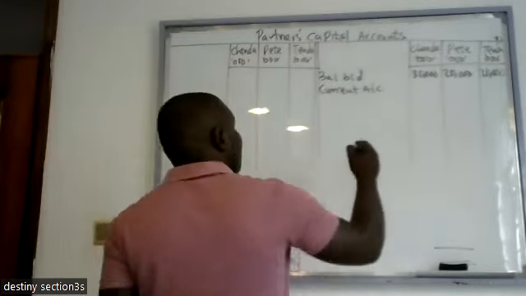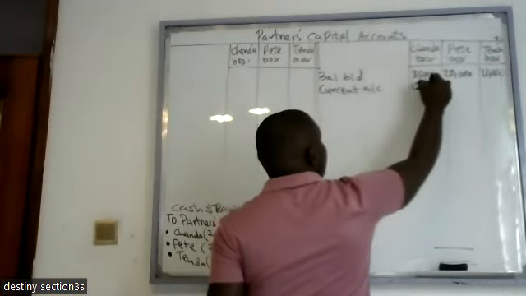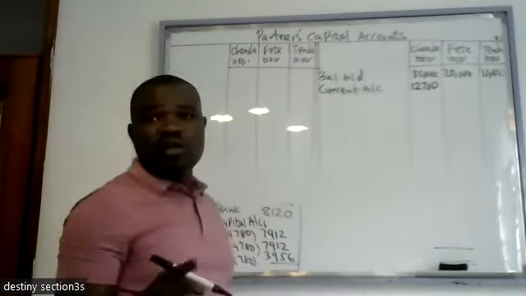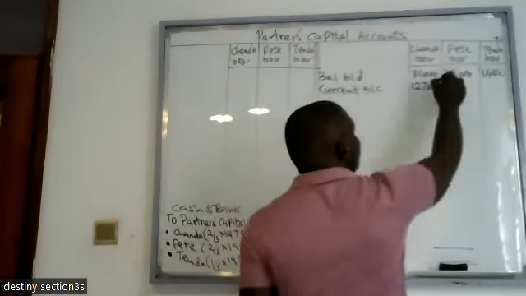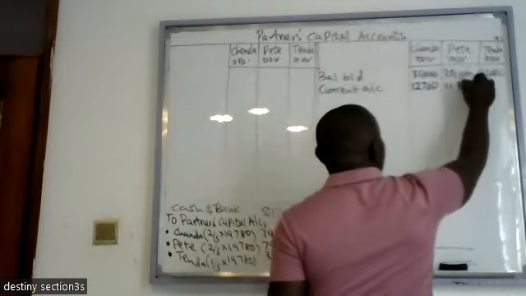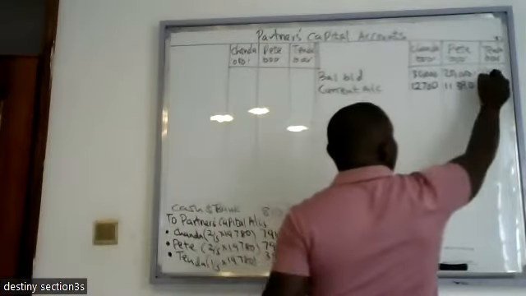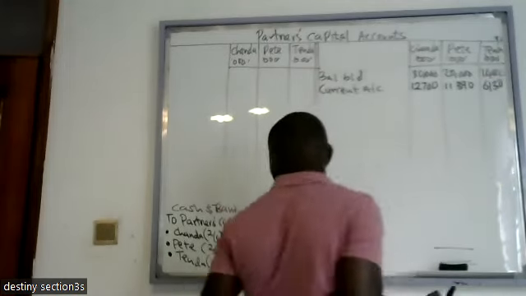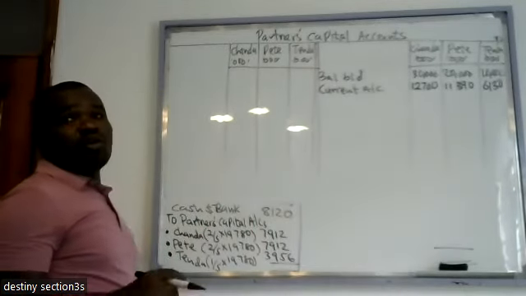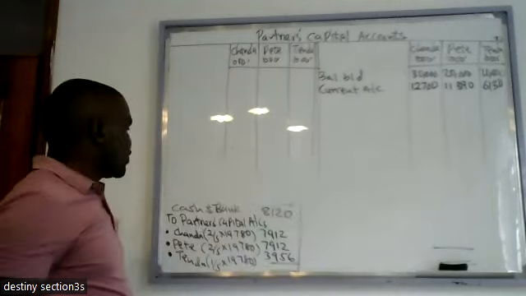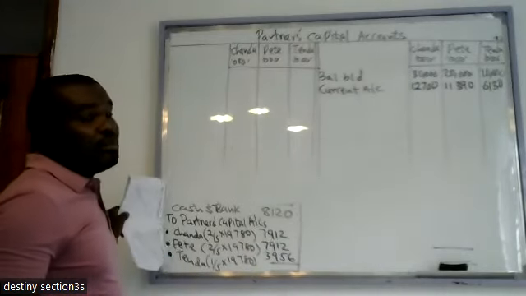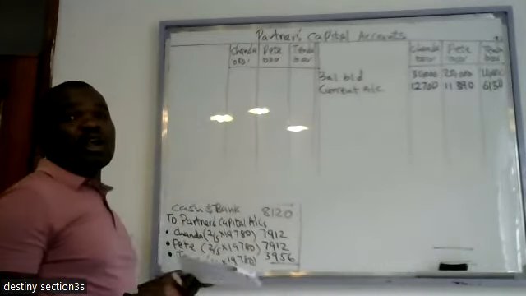12,700. 12,700. 11,390. 6,130. Thank you. Then on realization, the balancing figure we are closing to capital account is on the debits, so you credit the capital account.